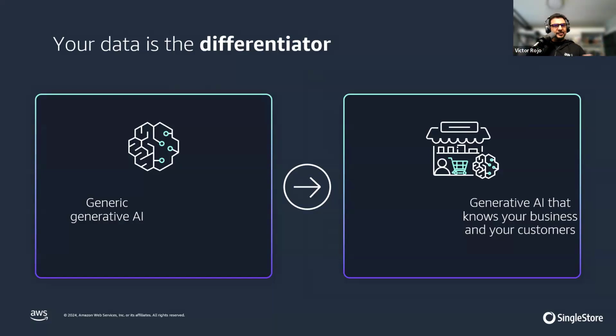But to be successful, to get a better customer experience, to build next level applications with real business value, those that achieve that are those that are using their own data. The data makes the difference between generative AI applications and those that know your business and your customers deeply.